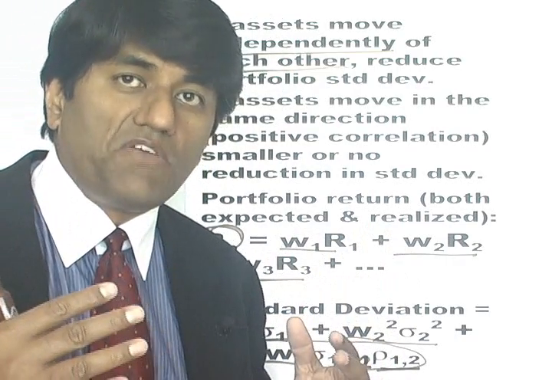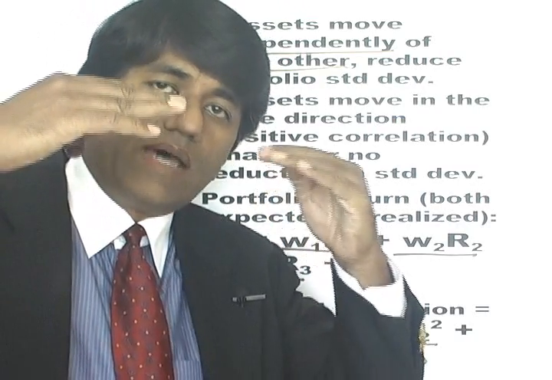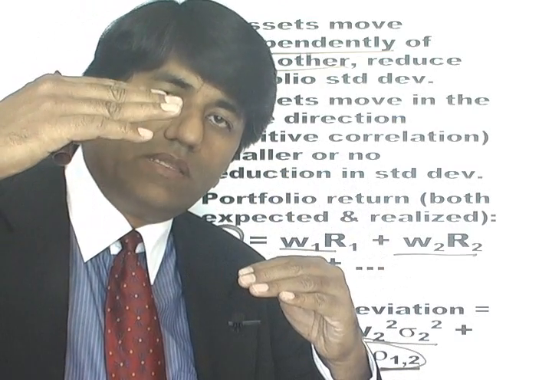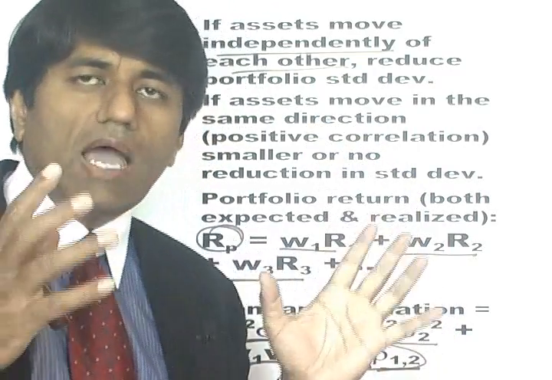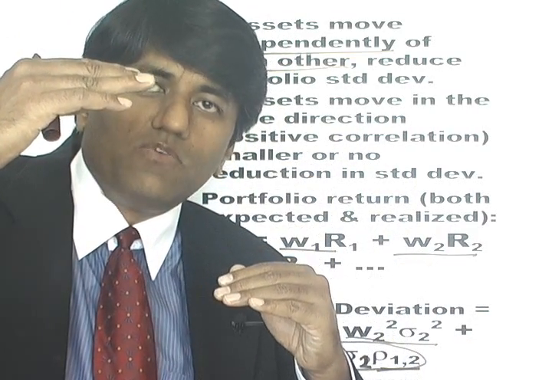If the correlation coefficient is negative, what does that mean? Well, it means that when one moves up, the other has a tendency to move down, and when this one moves down, the other has a tendency to move up. Now, if you have 2 such stocks in a portfolio with negative correlation, what do you expect would happen? Well, the move of this would cancel out the move of this, and vice versa.